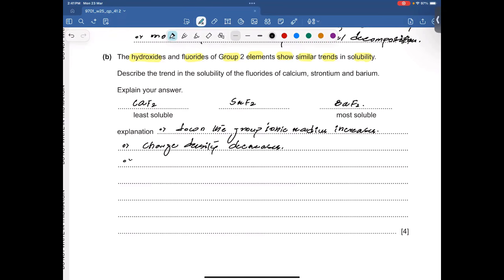If charge density decreases, then lattice energy and hydration enthalpy both decrease.